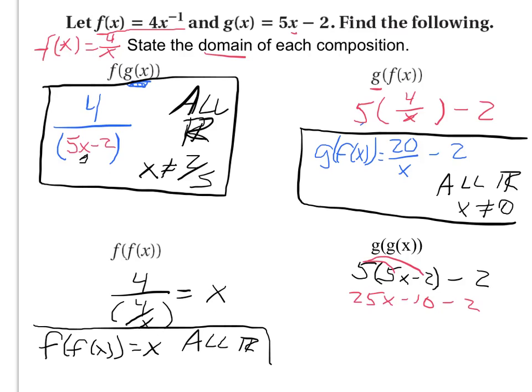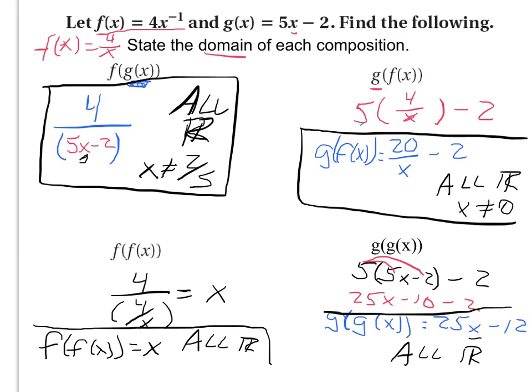Here's the minus 10. Now I can combine those like terms. So g of g of x equals 25x minus 12. In my domain, since my x can be anything, there's no square roots, it's not in a denominator, so it can be all real numbers. And that's the answer.